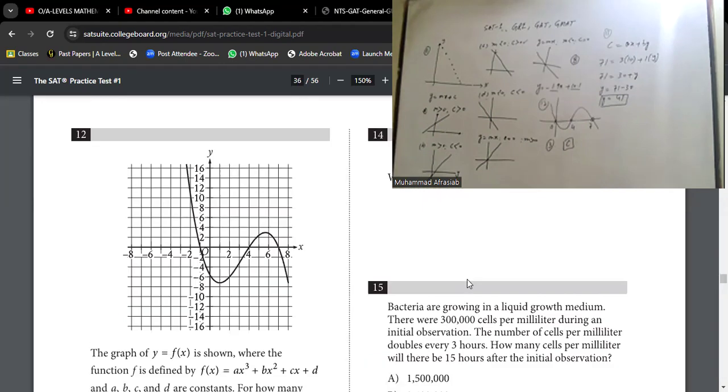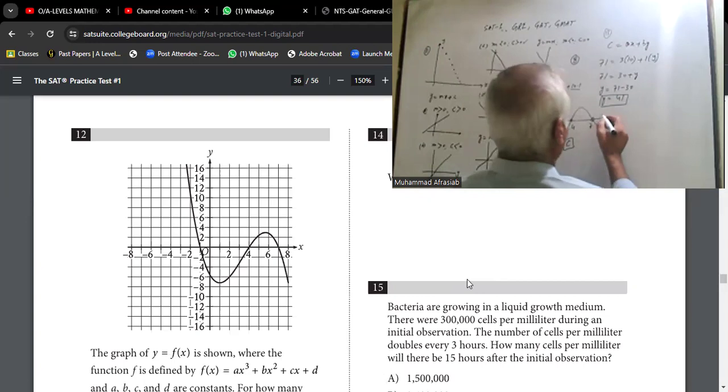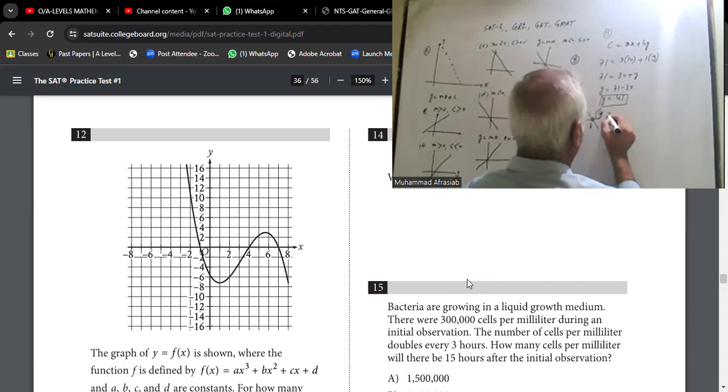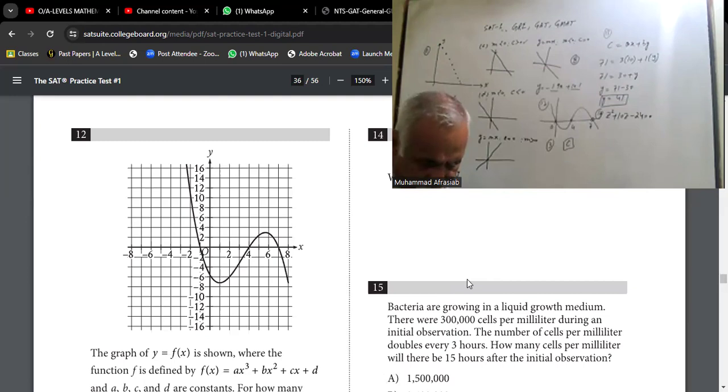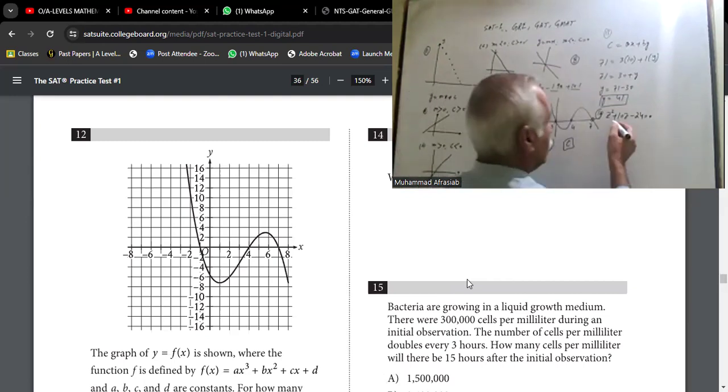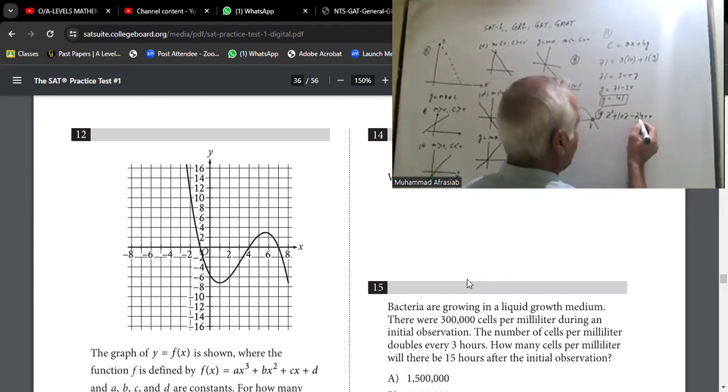Z square plus 10z minus 24 equal to 0. What is one of the solutions to the given equation? So this is question number 14. Z square plus 10z minus 24 is equal to 0. So we can use the factors method here.